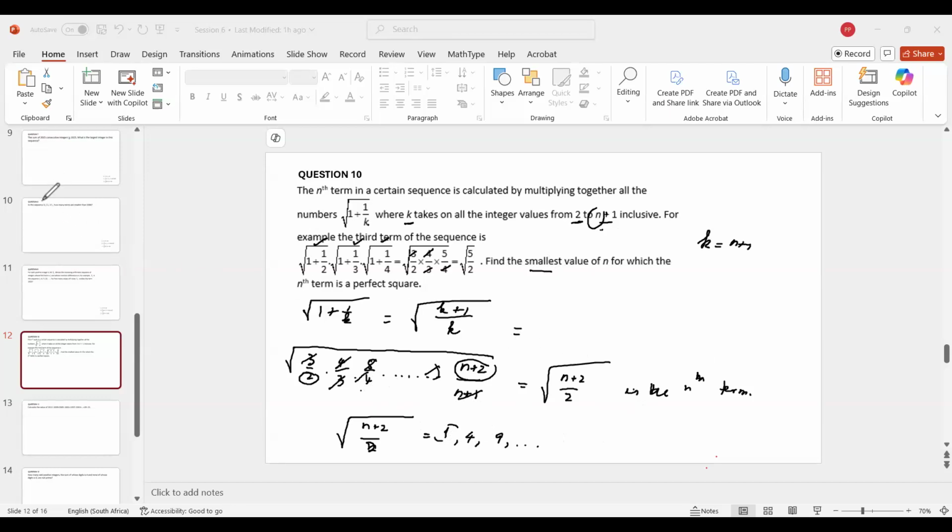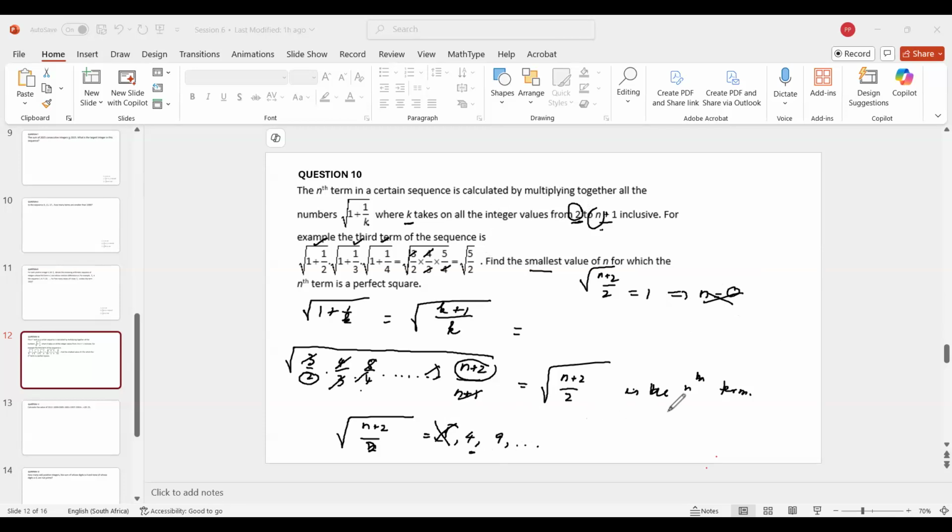Suppose the square root of n plus 2 over 2 is equal to 1. It turns out that then n is equal to 0 when you calculate n. And that's not allowed because the smallest value for n is 2. So you can't have n equal to 0. So this is not the smallest square.